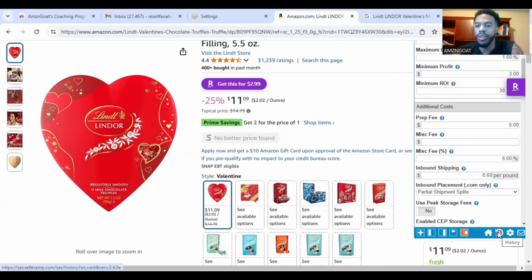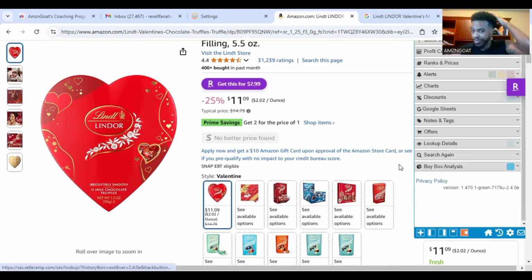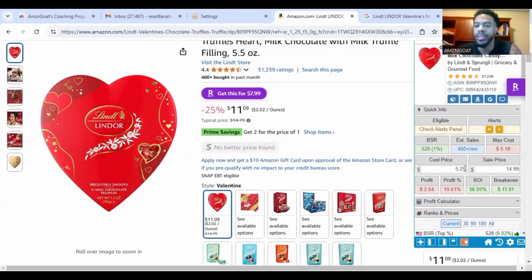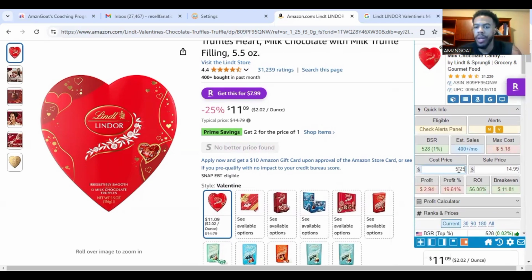If we are looking at a product like we just were, if we see $5.25 on a website, and that's how much it's listed for, just put in 525 or $5.25. Seller Amp will include that 6% sales tax that I have in there right now in these numbers, right?